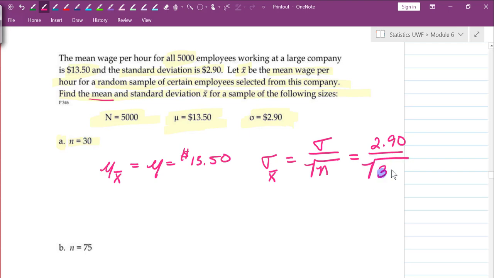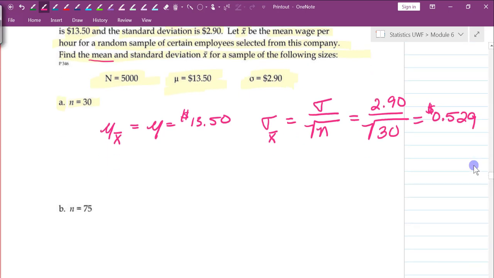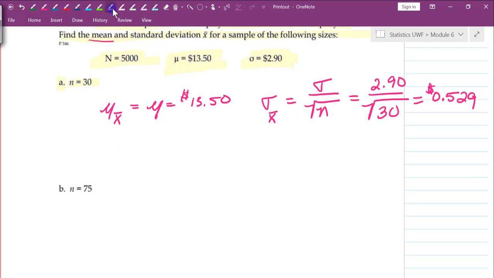So we're going to punch this in our calculator, and we're going to find out that this is 0.529. Okay, so make sure you take a moment and throw that in your calculator so that you know we're on the same page with that. The next one says n is equal to 75.